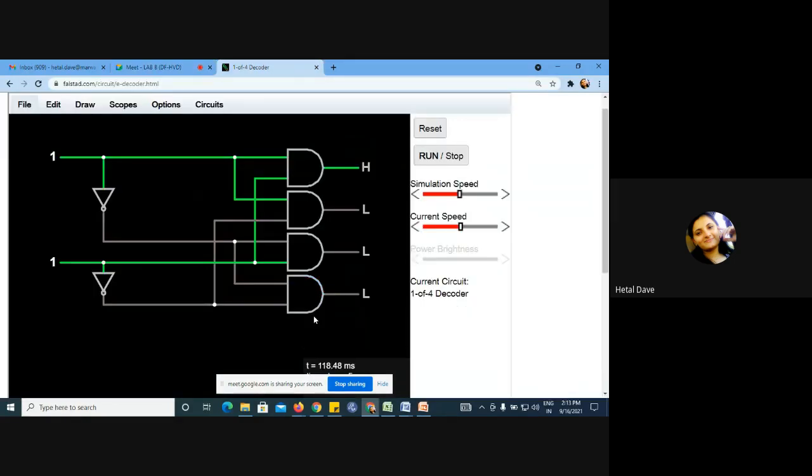Let's say this gate is the zeroth line. For the other gates, I'm going to give the names first, second and third.